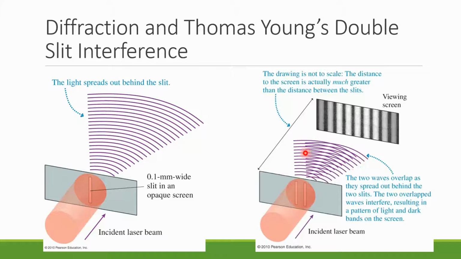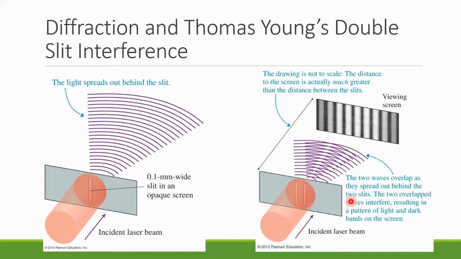And those light waves will interfere with each other. And so what ends up happening is we get this interesting projection on a viewing screen as the light travels through the slit. The distance between here and here is actually much, much larger than the distance between the slits. We're just showing it for an example.